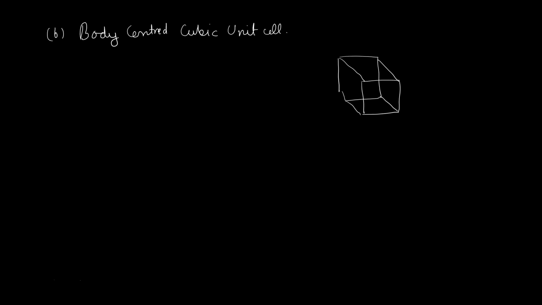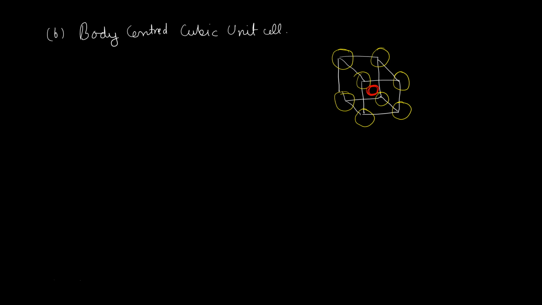So if the atoms would be like this, 1, 2, 3, 4, 5, 6, 7, 8, and one of the atoms would be present inside. For the sake of convenience, I am showing it with some different colors. So it would be present inside the body of the cube.